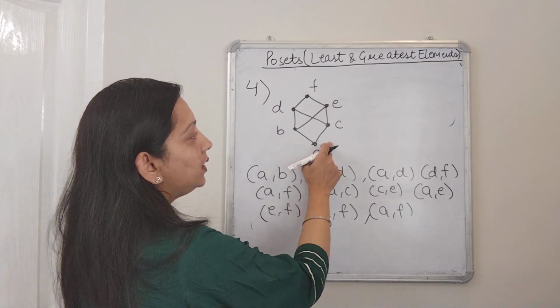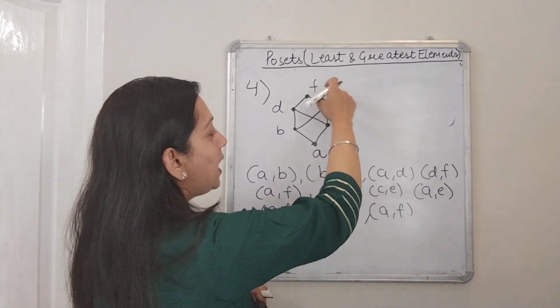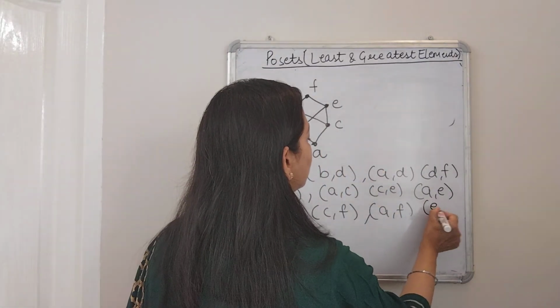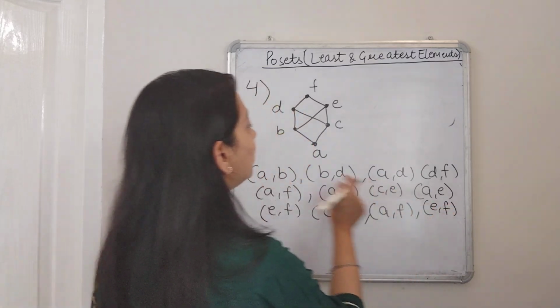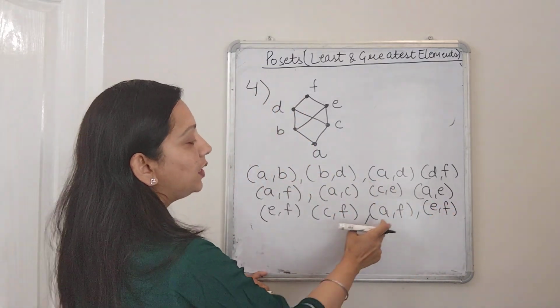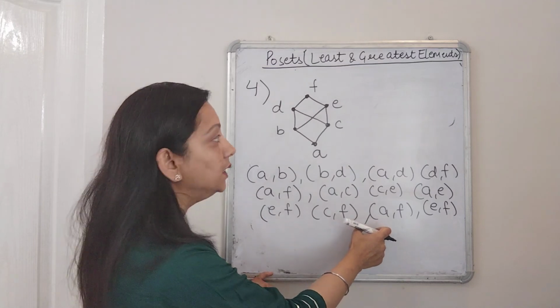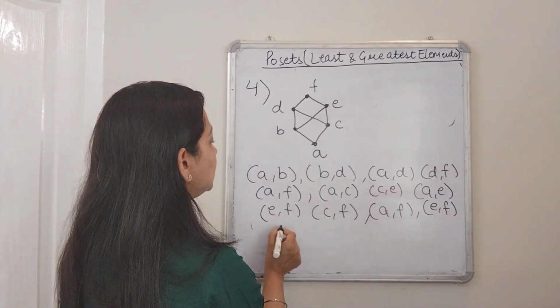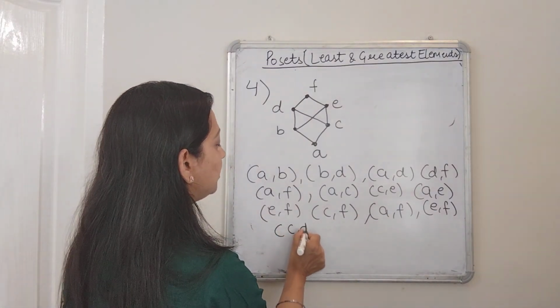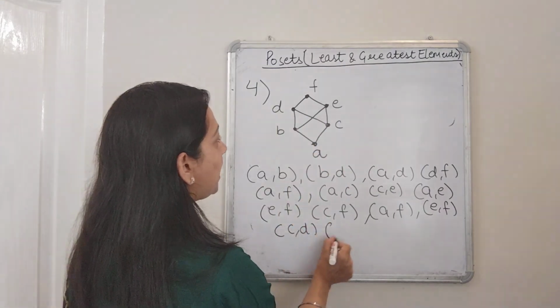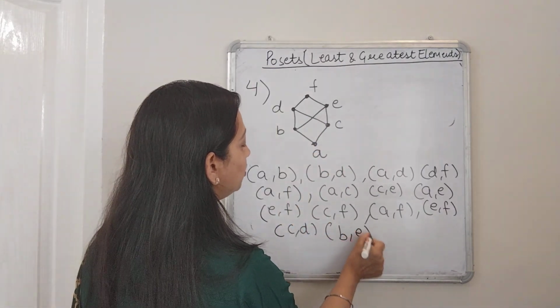Similarly, A is related to C, C is related to E and E is related to F. Therefore, AF again would exist, which we will not rewrite. Then CD exists, C is related to D and B is related to E.